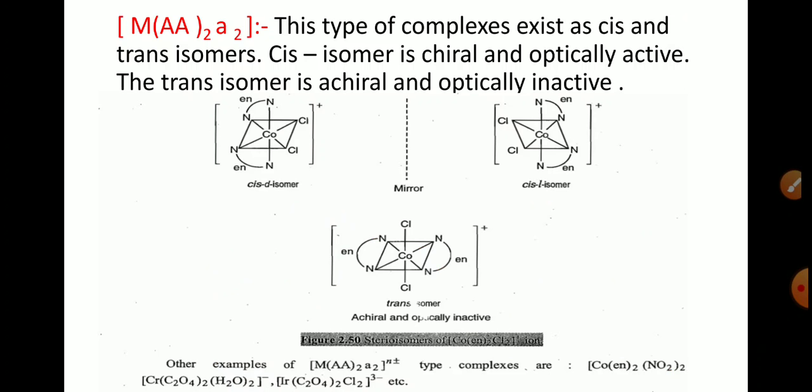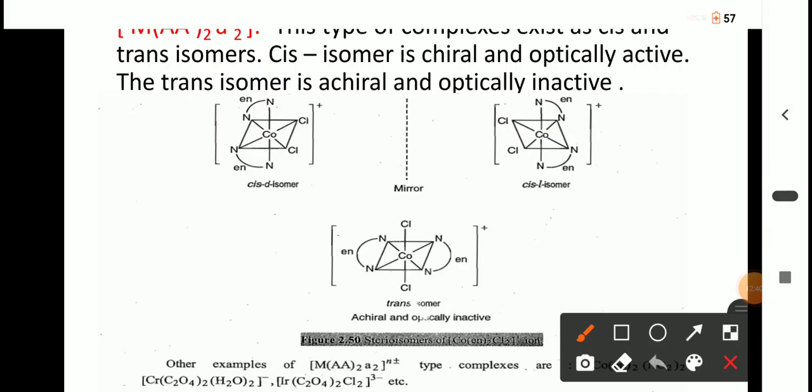When you see the first example, here two chloride ions are adjacent to each other, and N is adjacent to each other, and N is adjacent to each other. This type of complex is a cis isomer. It is dextrorotatory, and its mirror image is always levorotatory.